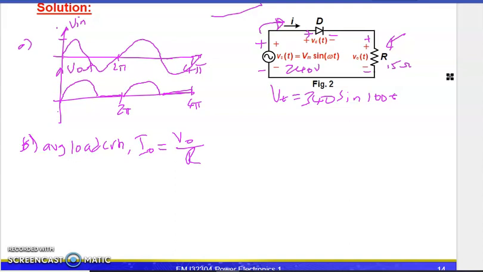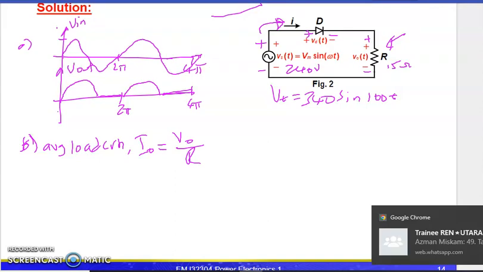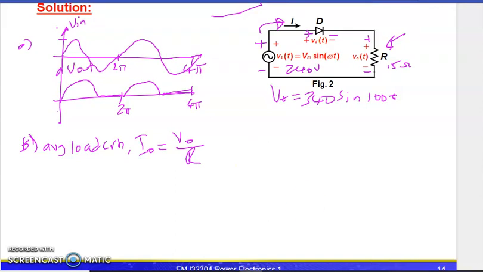So what you have to do is use the available information given in the formula.